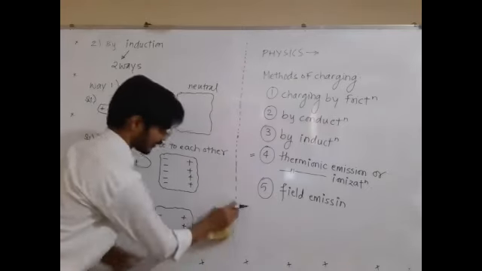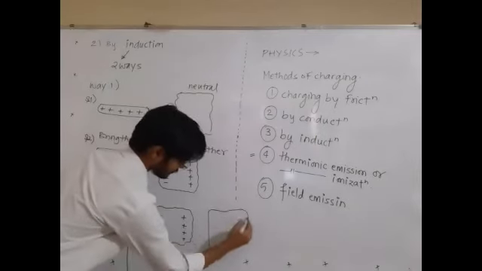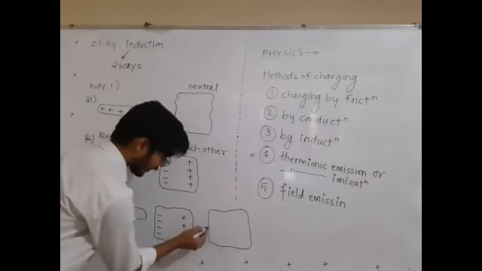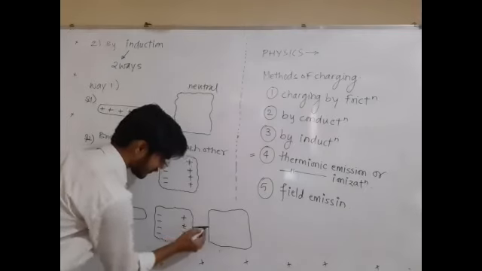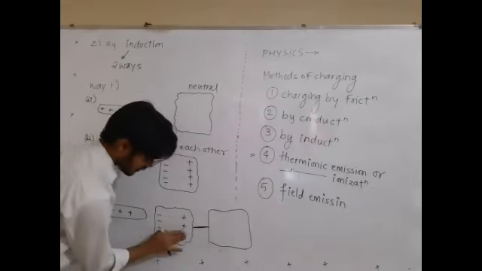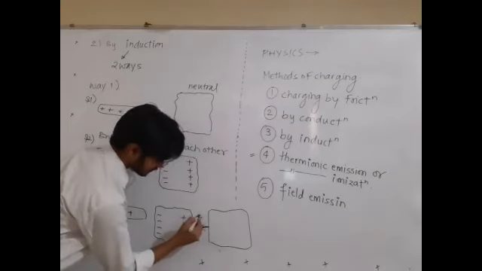Now take one more neutral body. Now what you have to do? You have to take one more neutral body, and you have to connect that neutral body to this region. Then what will happen? Some of the positive charge will be neutralized because of the flow of electrons.